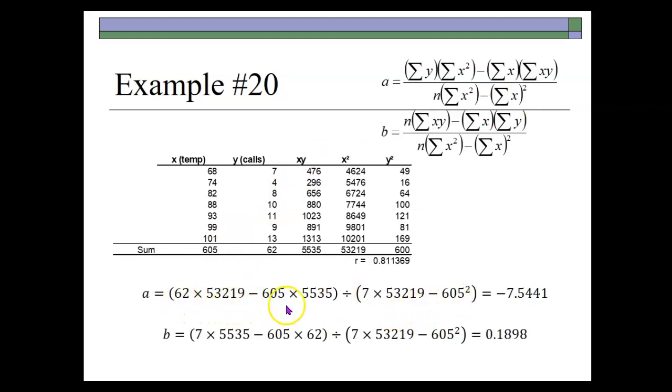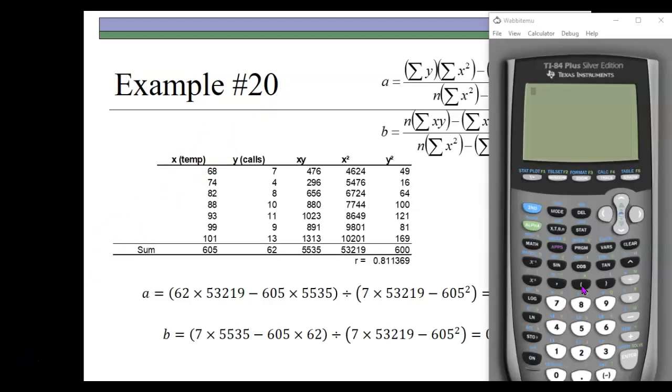And when I put this into the calculator, I'm going to need parentheses around the numerator and around the denominator to make sure everything gets calculated correctly. So here's what that would actually look like when I put it into the calculator. Parenthesis, 62 times 53219, close parentheses. No, not close parentheses yet.